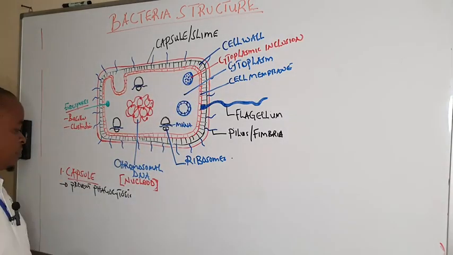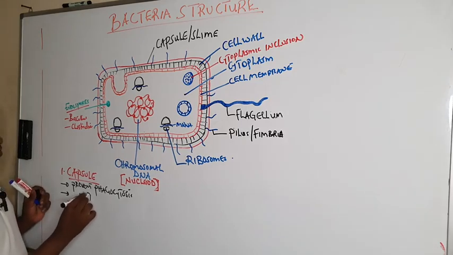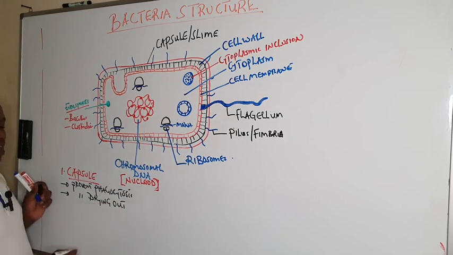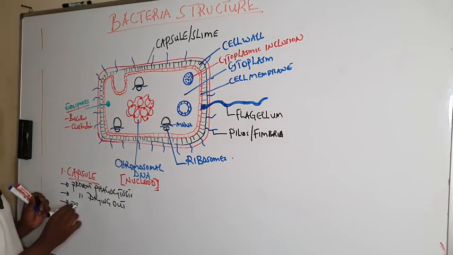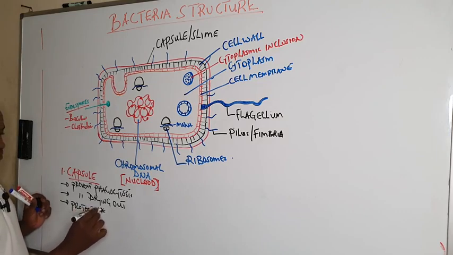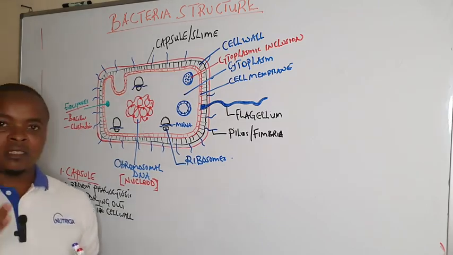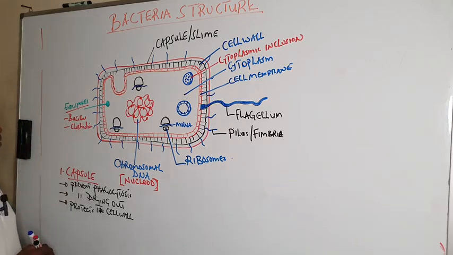Apart from that role, it also prevents the bacteria from drying out. So the bacteria cannot dry out due to the presence of the capsule. At the same time, it protects the cell wall of the bacteria from antibiotics or from destruction by the surrounding areas.